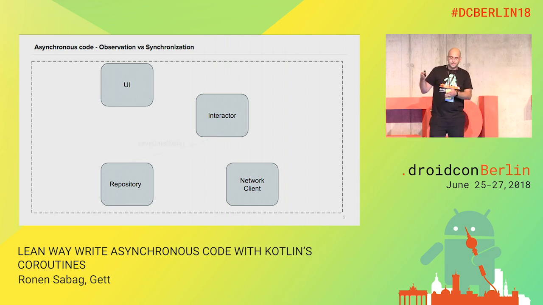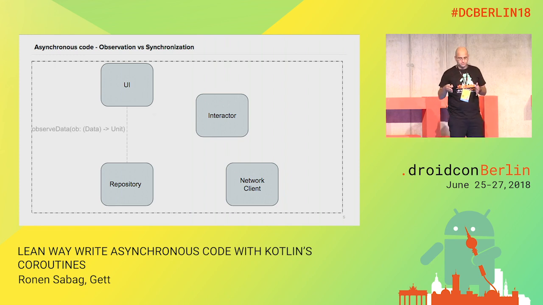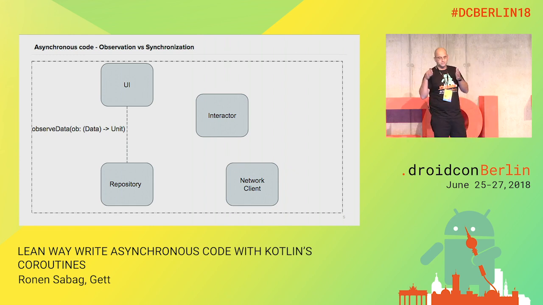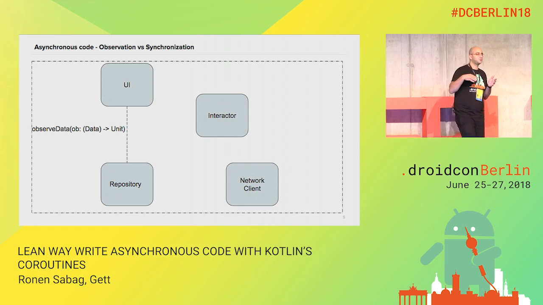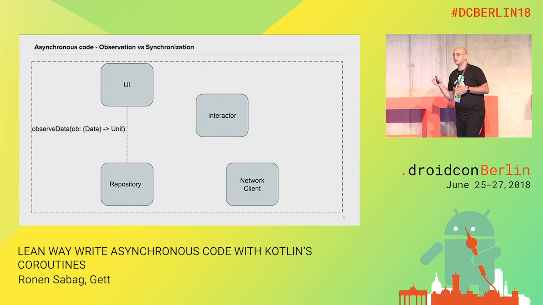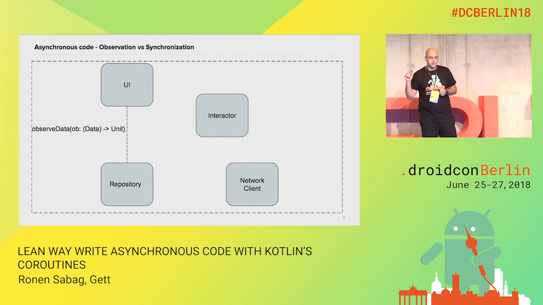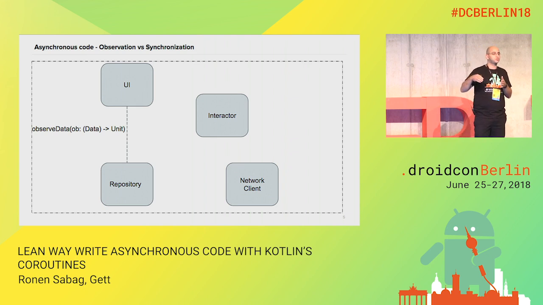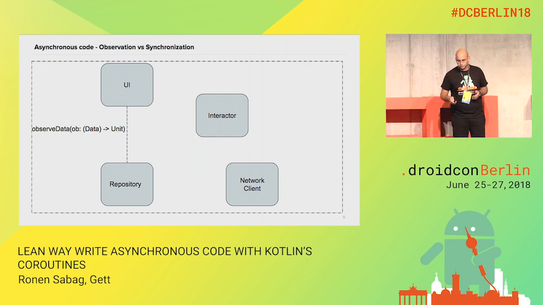After that, the interactor will go to the UI, and the UI finally can start to observe the data from the repository. So we have two models. We have the observation, which is pushed to the UI every time that a change happens in the repository. And in the beginning of that, we have the synchronization. I need to do this first, and only then I can do the other job that I need to do.